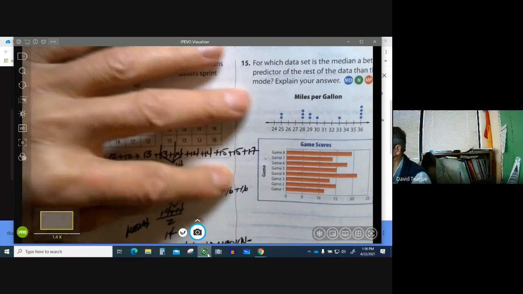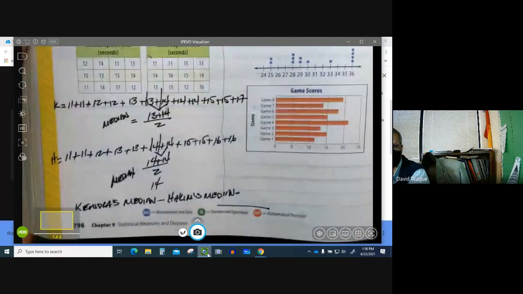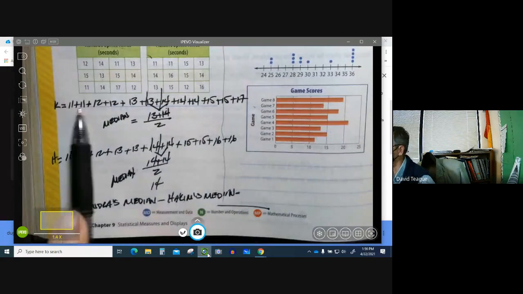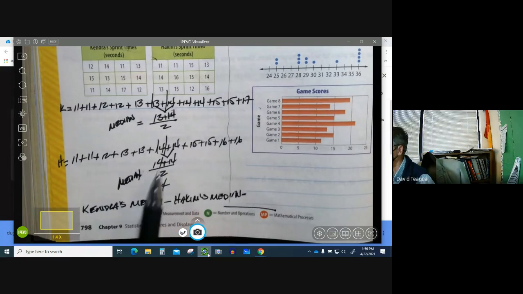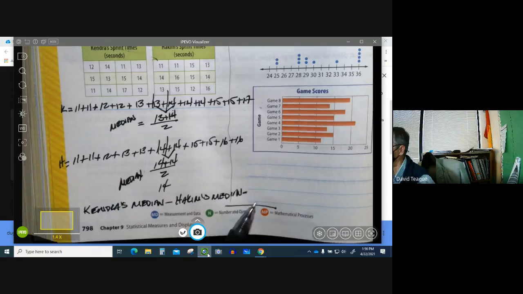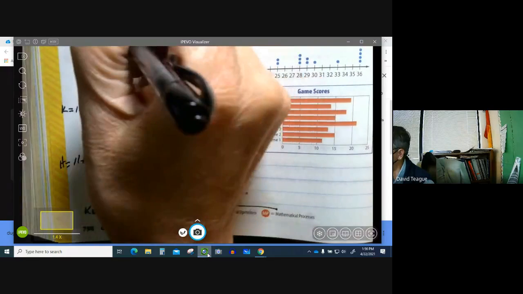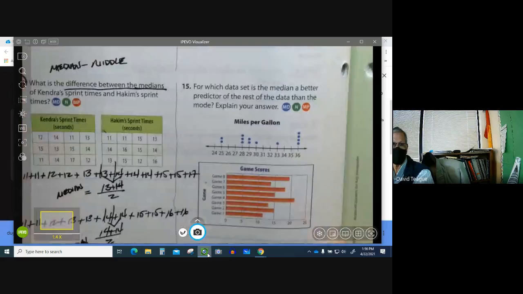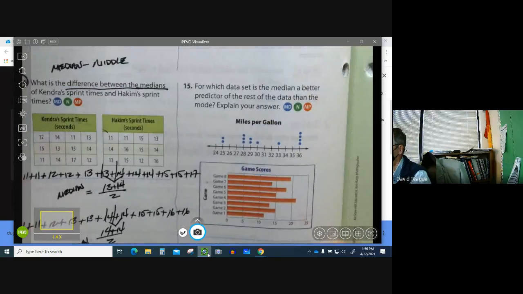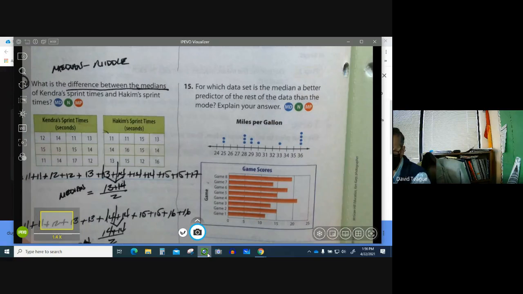And that will give you your answer. Your median here is 14. You're going to subtract that from that, and that will give you the difference between the two medians. Okay, that's 798. Now we're going to go to 806.